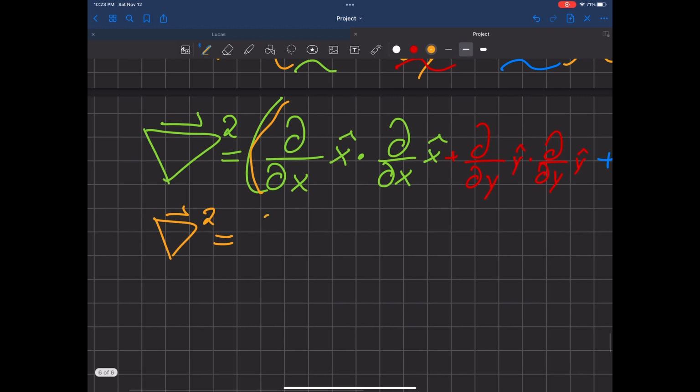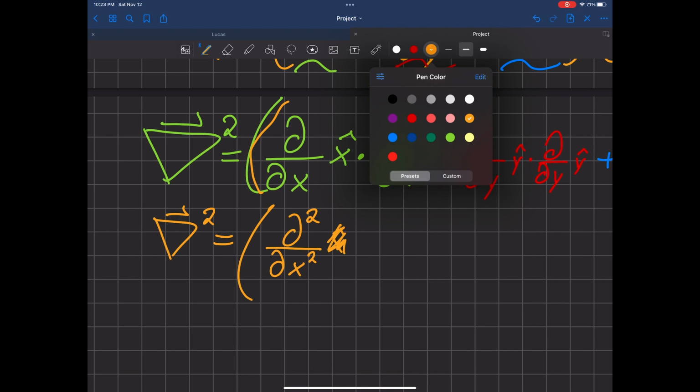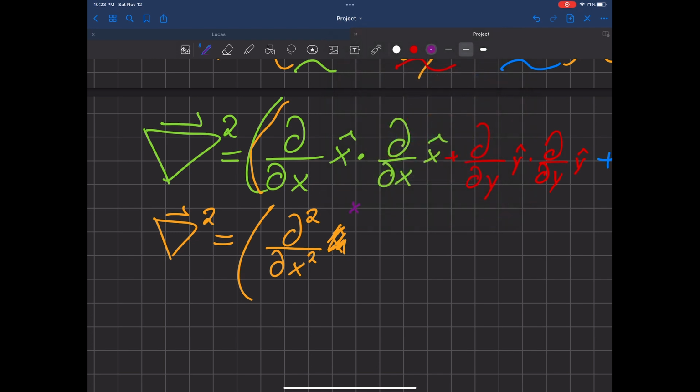It's equal to, gonna do this in parentheses, del squared, right, because second derivative, del x squared. And it's not going to be in the x hat direction, because like we said earlier, we have x hat dot x hat equals 1. Okay, so I just want to reiterate that the gradient squared has no direction.